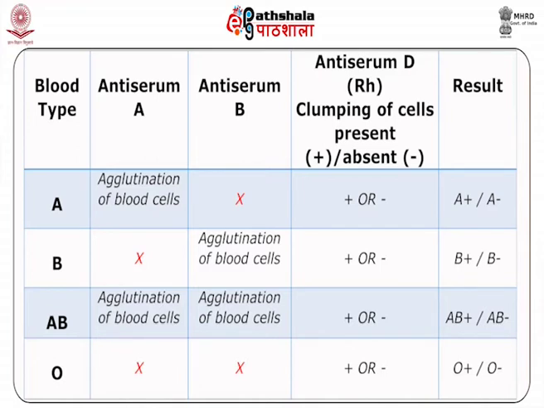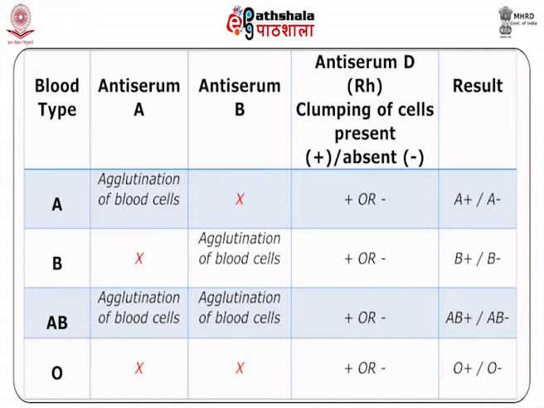Blood type AB will show agglutination in both antiserum A and B, as both antibodies A and B are present. And lastly, blood type O, due to the absence of antibodies, will not show any clumping or agglutination of cells.